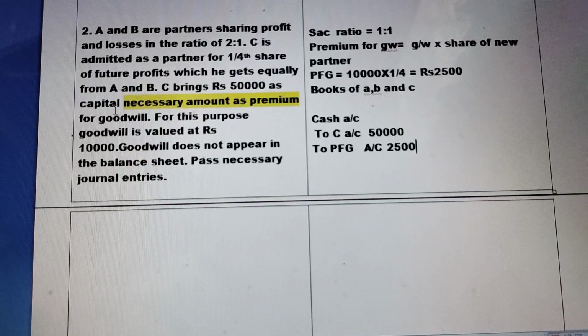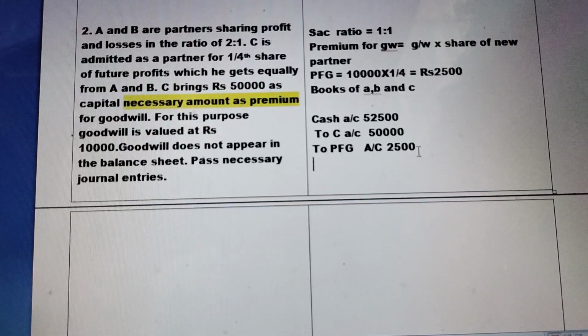So how much amount is brought in by C? 50,000 as capital and 2,500 as premium for goodwill. Altogether she brings 50 plus 2, that is 52,500.